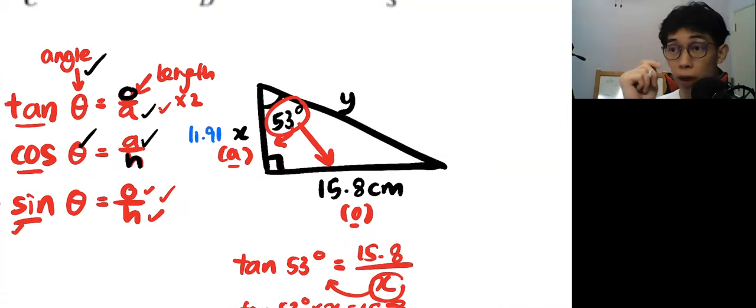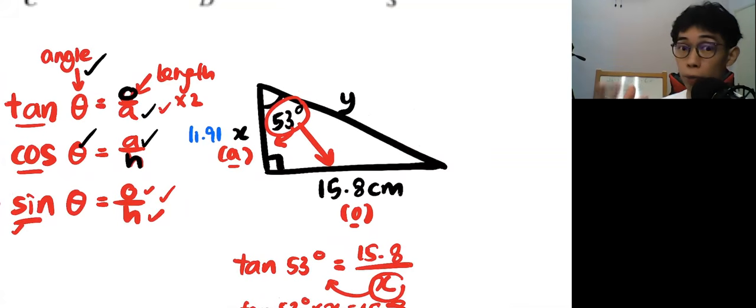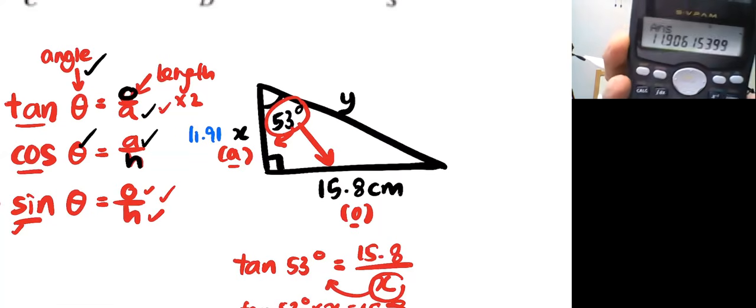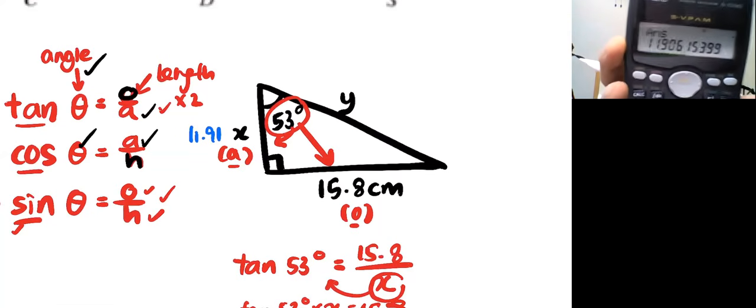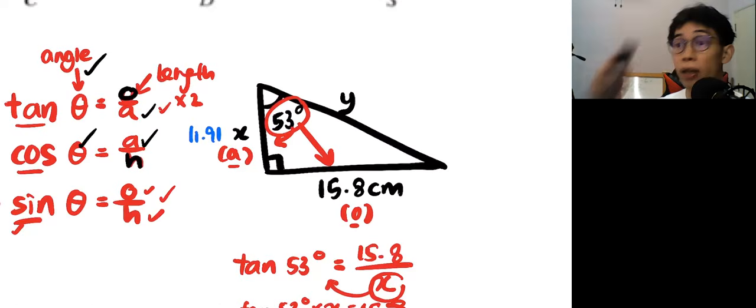The answer is yes, because theoretically it's correct, we need 2 lengths to solve Y. But for me, not recommended. The reason being, your 11.91 is supposed to be this long, 11.90615399. So 11.91 is not accurate enough. So in order to solve Y, I'm not using Pythagoras.